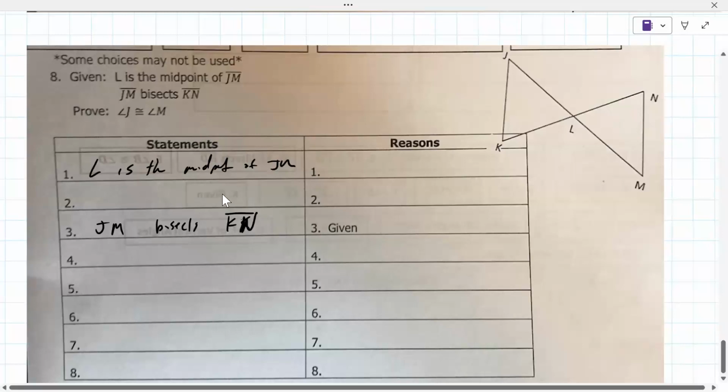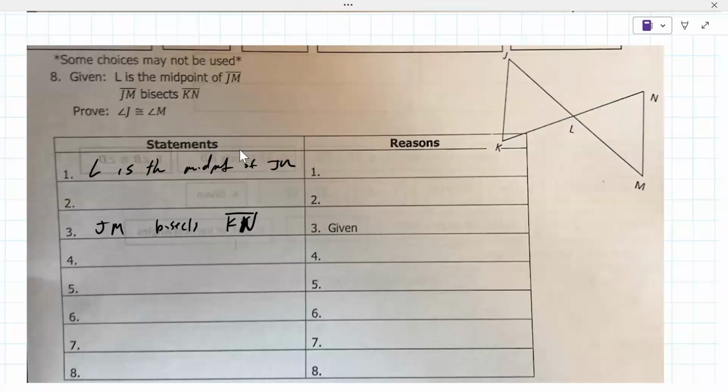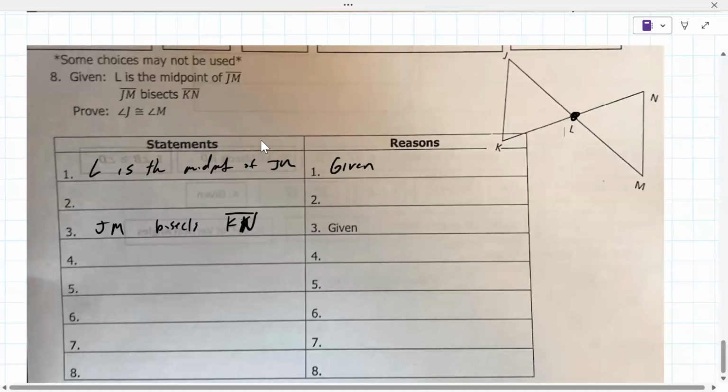They use that in statement 2. That is the given. So now what does that mean? It means that it's right in the middle, but what does it tell you about the pieces?